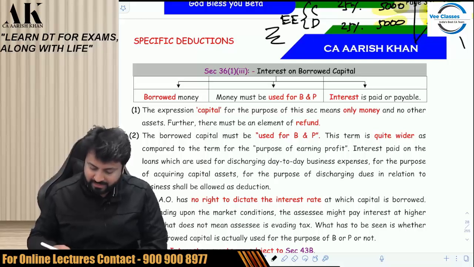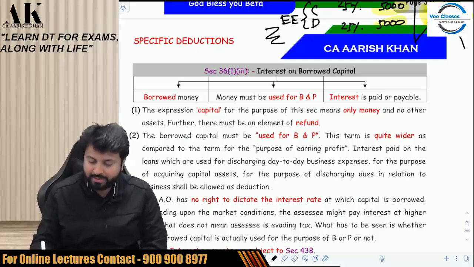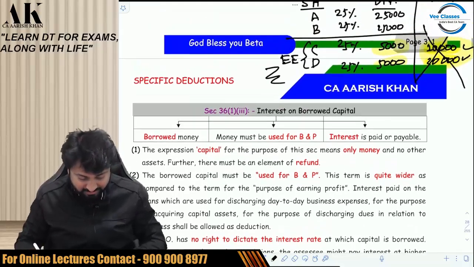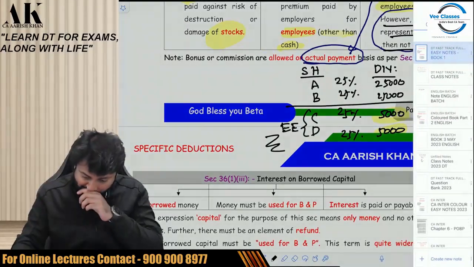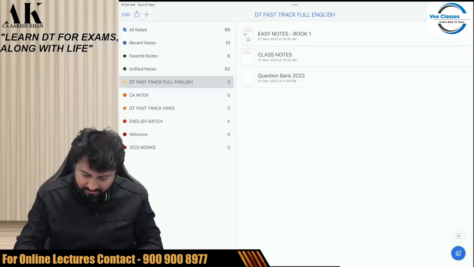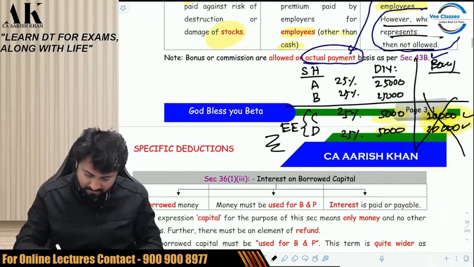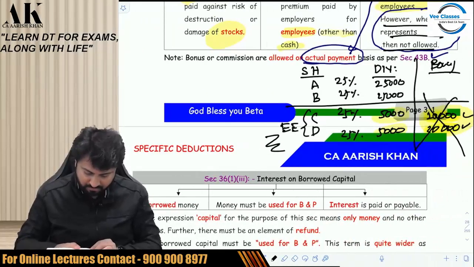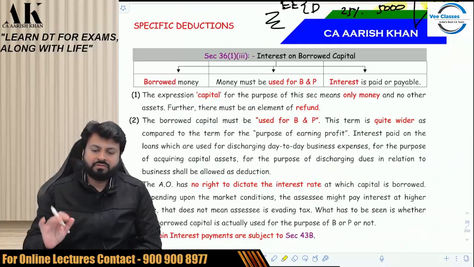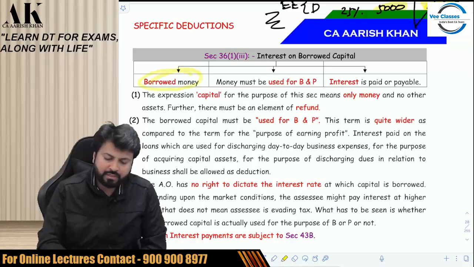And if it is money, money and money, there has to be an element of what? Refund also. So the first thing is the amount of money has to be borrowed.